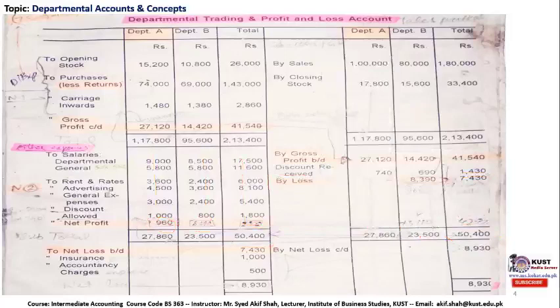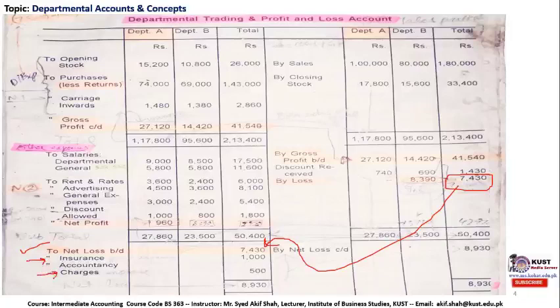Now after doing that, you can simply bring down this net loss we have calculated in our final column to the accumulated side, which is 7,430, our net loss to be brought down. Now we have to allocate the remaining expenses in the question, which were insurance expense and the accountancy charges.